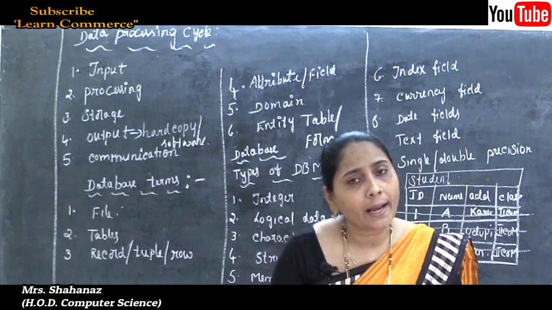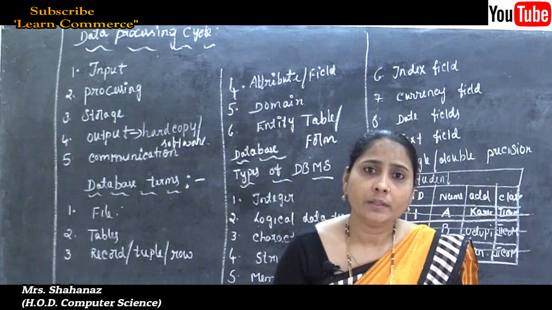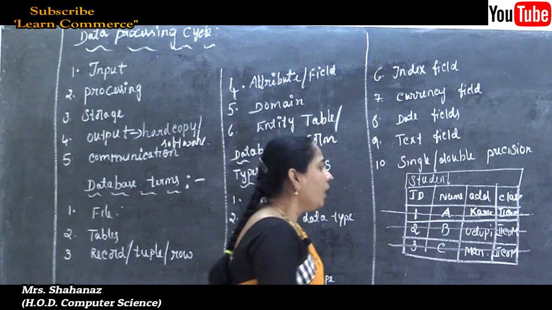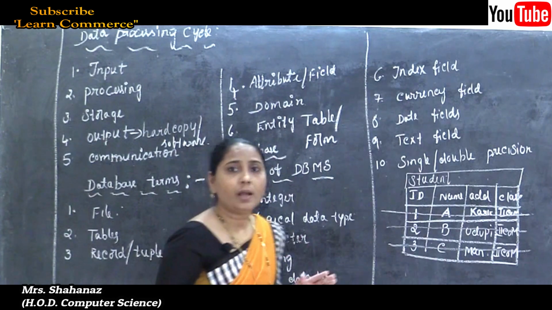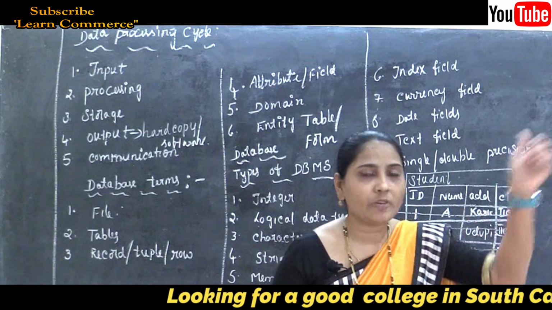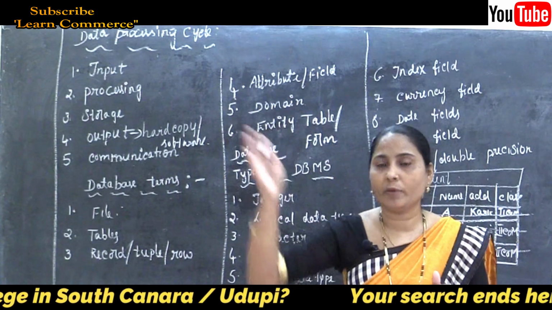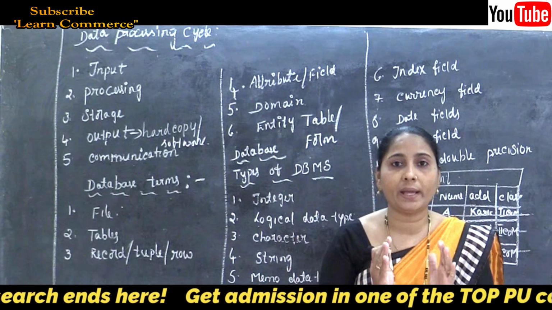And an entity relationship means how the tables are related to each other. A relation is possible when you use two tables. That means you collect some information from table 1 and some information from table 2, and you make another table.